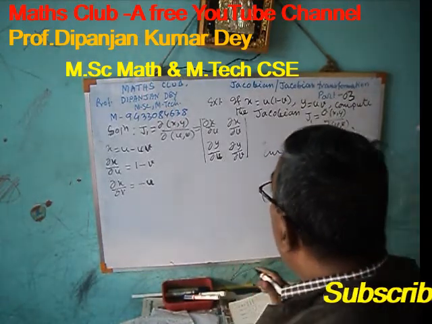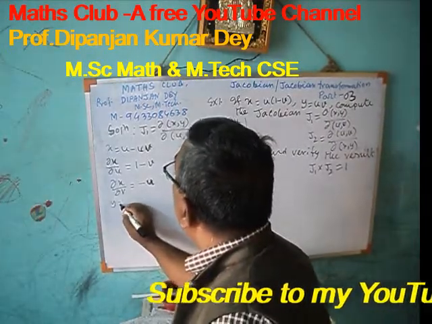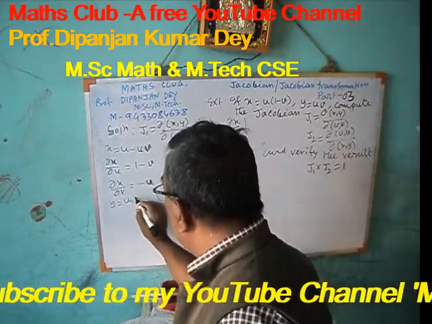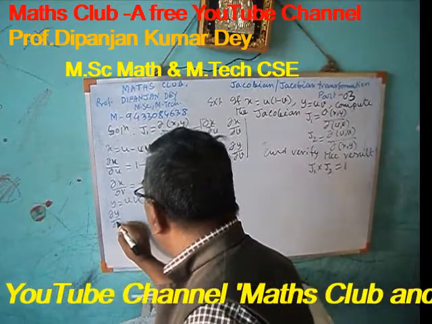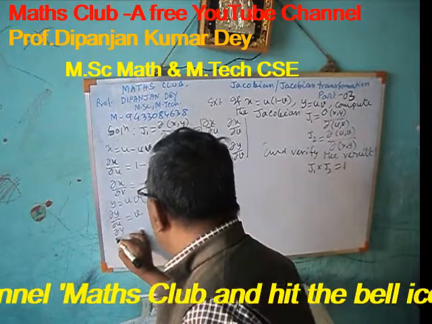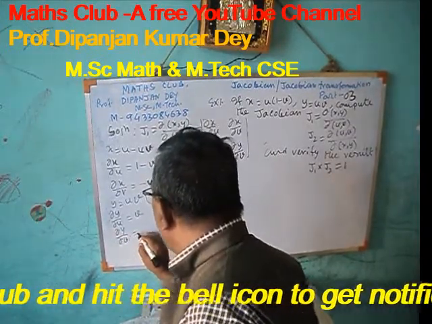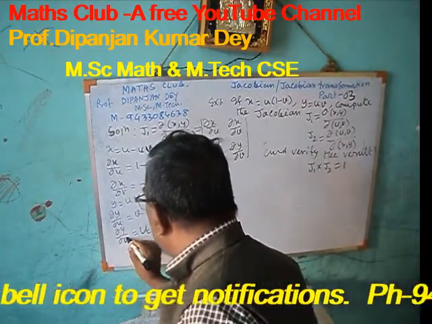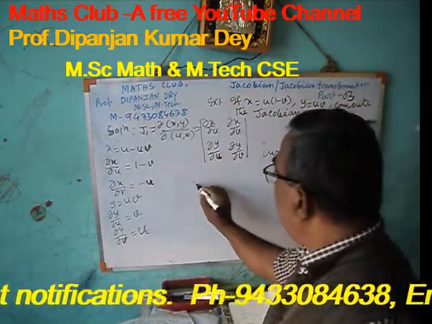Now y equal to uv, so del y by del u is v, and del y by del v is equal to u. So I am putting the values over here.